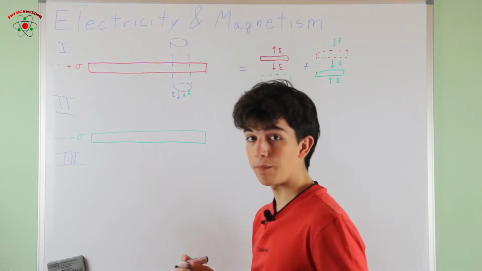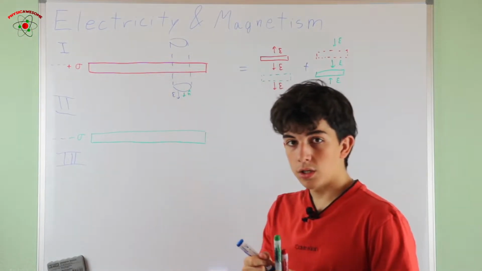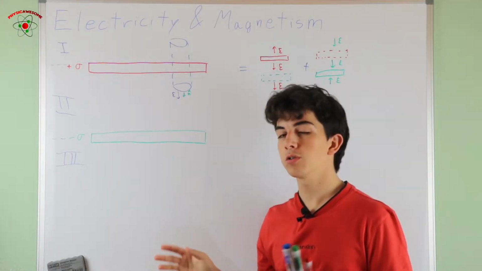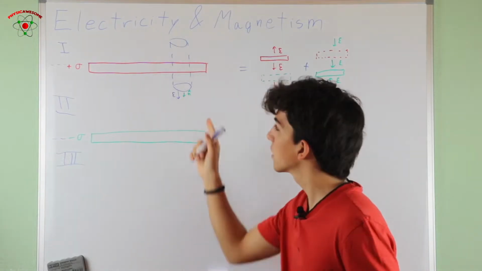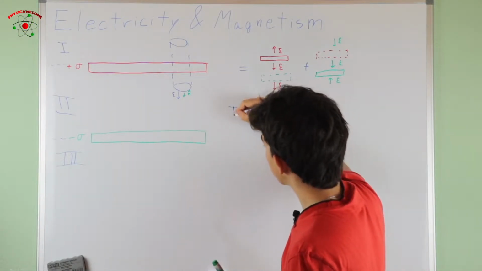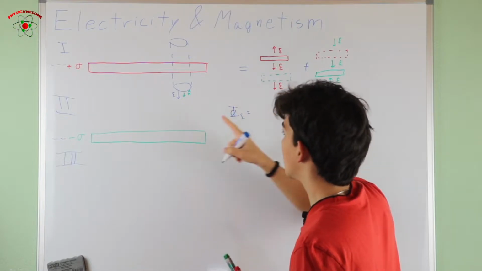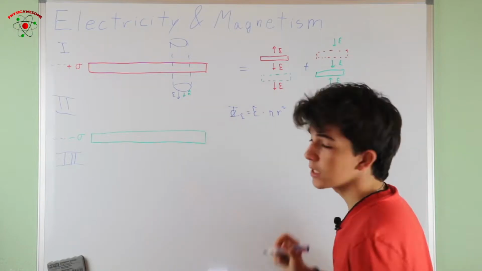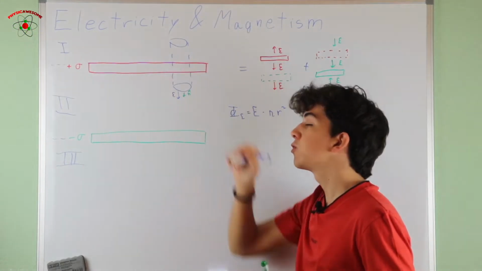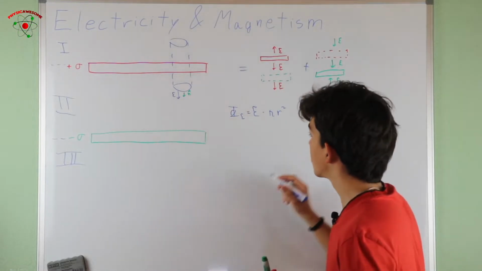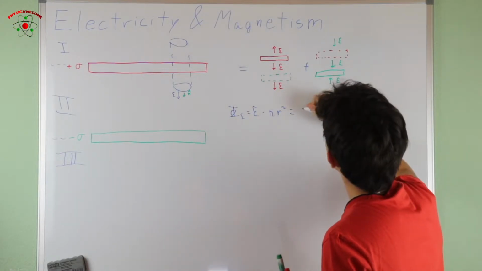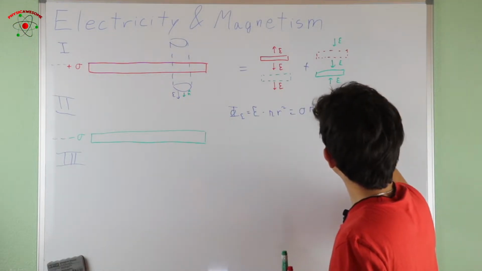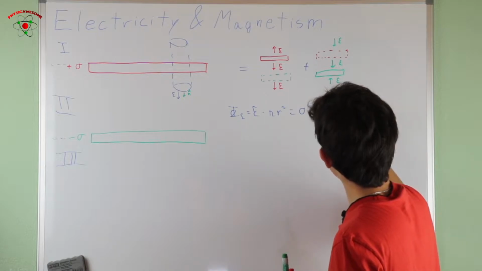That's going to be the sum of both. We could guess that it's going to be sigma over epsilon naught, but let's carry out the calculation. The electric flux is going to be equal to E times n hat times the area. So it's E times pi r squared. And we're going to be enclosing sigma times pi r squared, over epsilon naught.